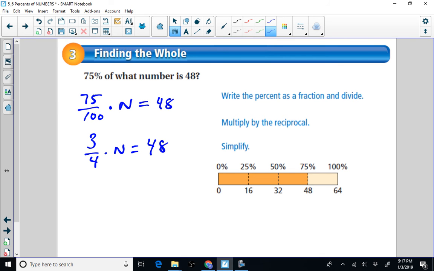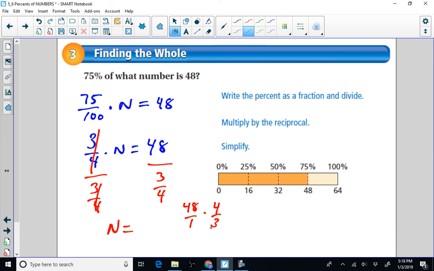Now we're asked to multiply by the reciprocal, because I want to get n by itself. In order to get n by itself, we'd have to divide both sides of the equation by 3/4. They would cancel each other out, so we're left with n is equal to 48 divided by 3/4, which is the same as 48 over 1 times the reciprocal 4/3.